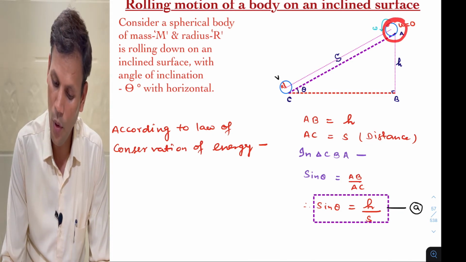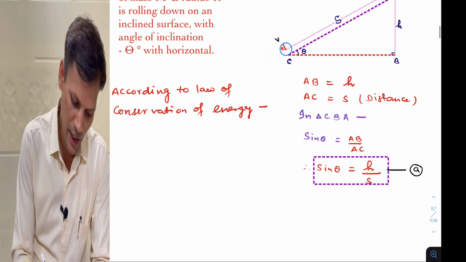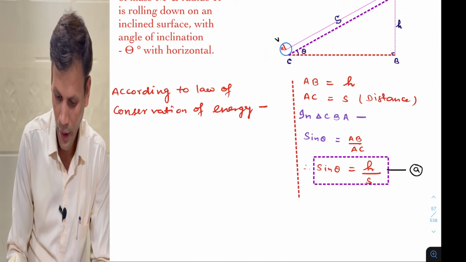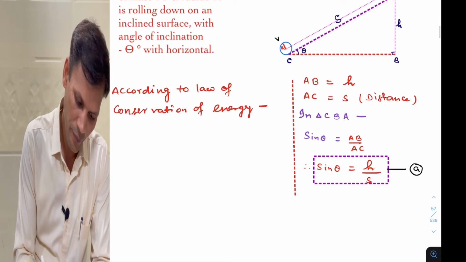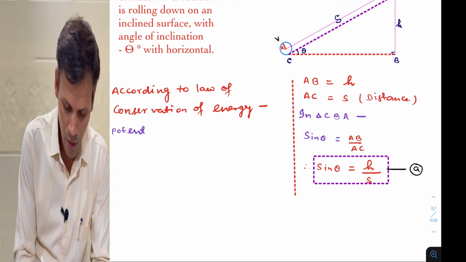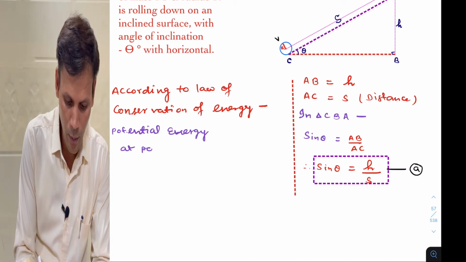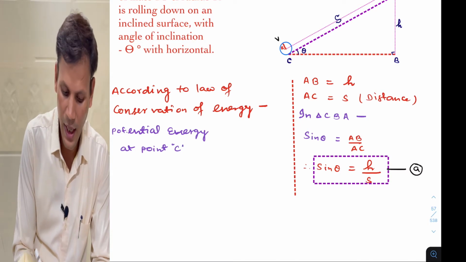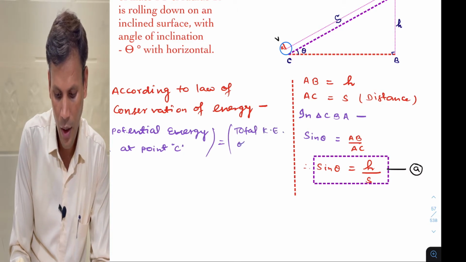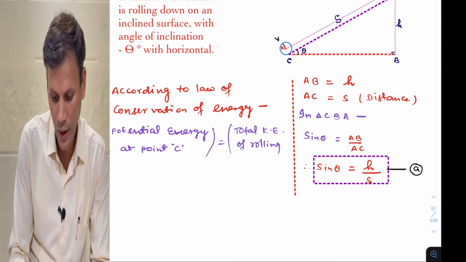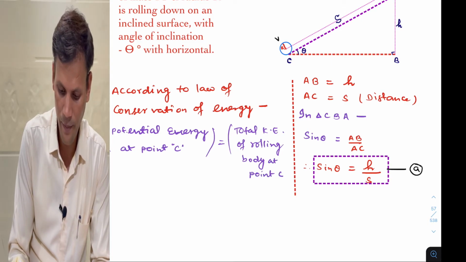So potential energy at point A is equal to the total kinetic energy of the rolling body at point C. So we can write it as total potential energy at point A, or at height h, that will be equal to the total kinetic energy of the rolling body at point C.